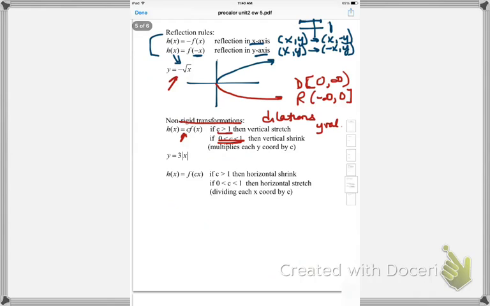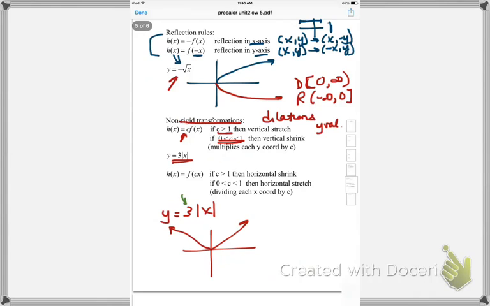So for instance, in this one here, we have y is equal to 3 absolute value of x. We start with your absolute value graph. This is your core graph. And we do a transformation for a dilation of 3. What this does is this.